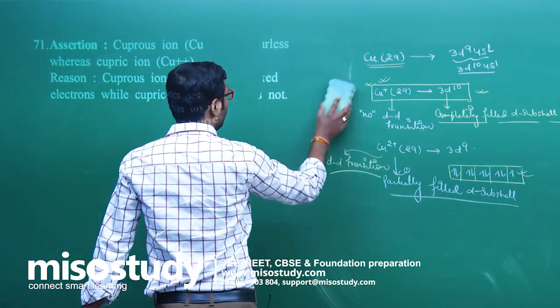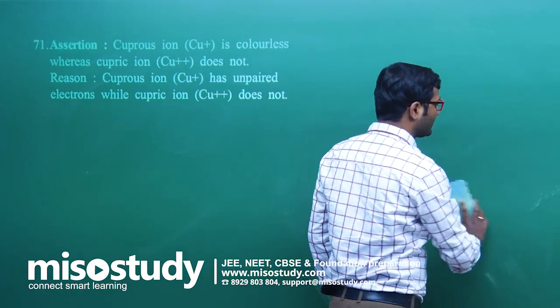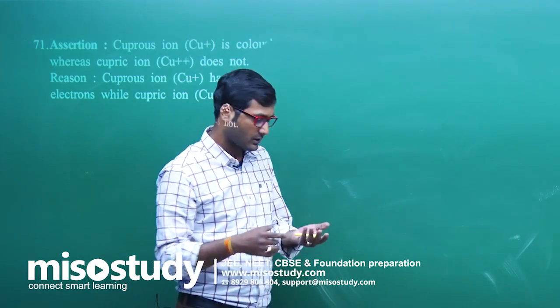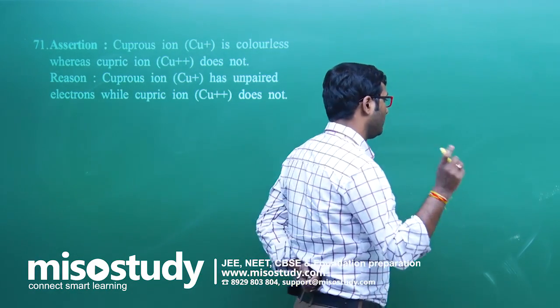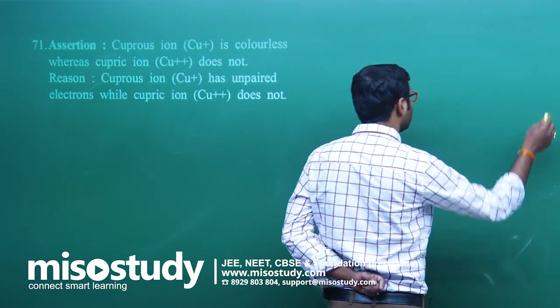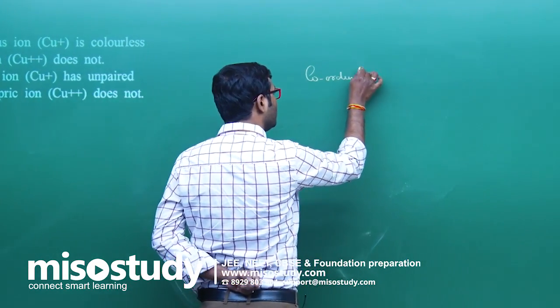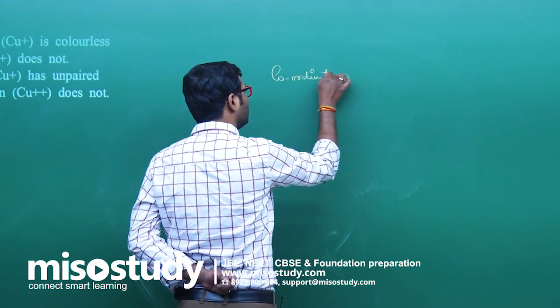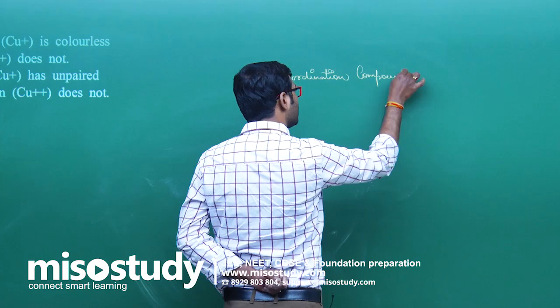Now I'm briefing the chapter, that is coordination compounds. What is in this chapter and what we need to focus on. I cannot teach completely, but I can give you a normal idea about this chapter. What is a coordination compound?